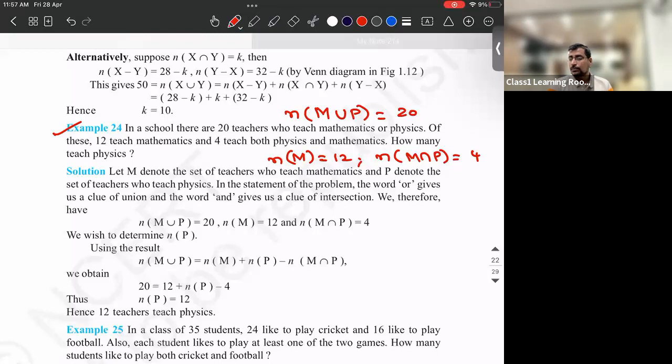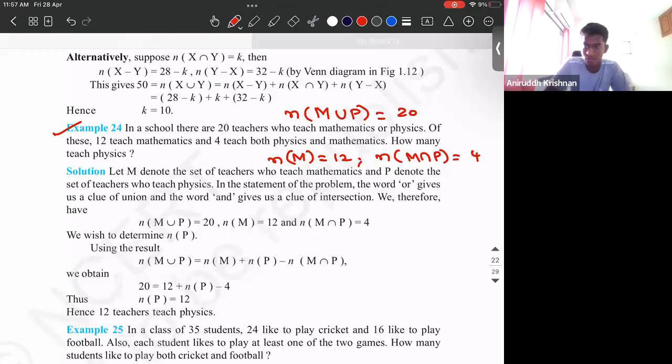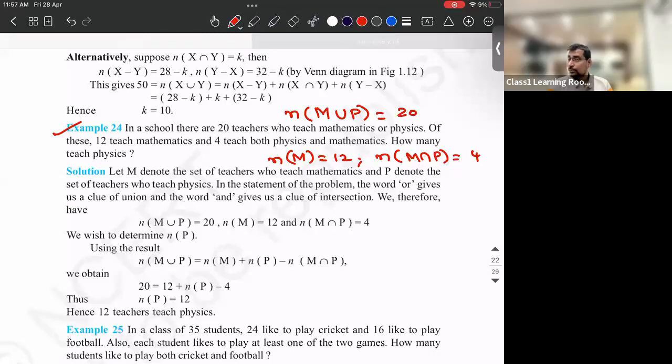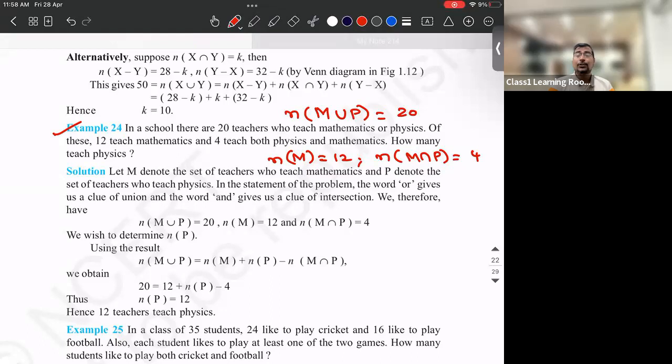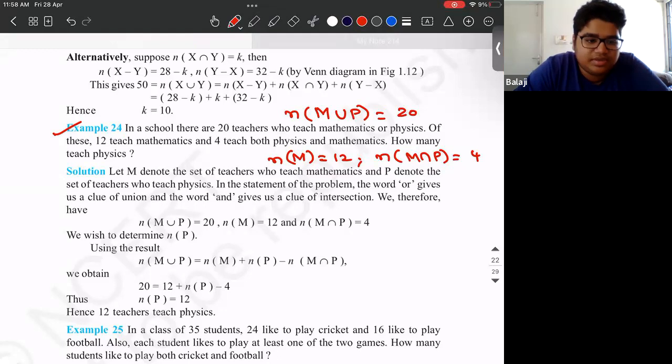What is the meaning of it? N of C intersection... it should have been and. No? Each student likes to play at least one of the 2 games. Either this one or that one. That is the meaning of it.